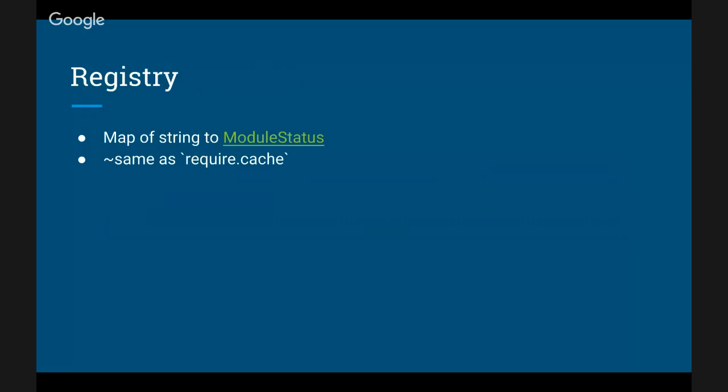But it's actually compatible with ES6 Map. That means it has get, set, has, and a few other things. Semantically, it is the same as require.cache.